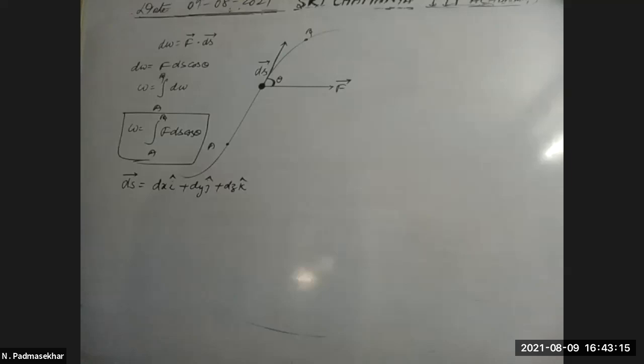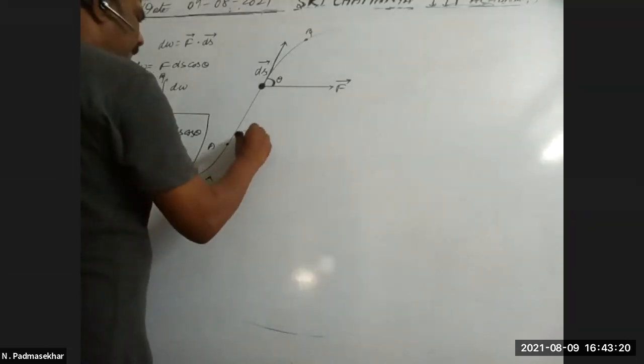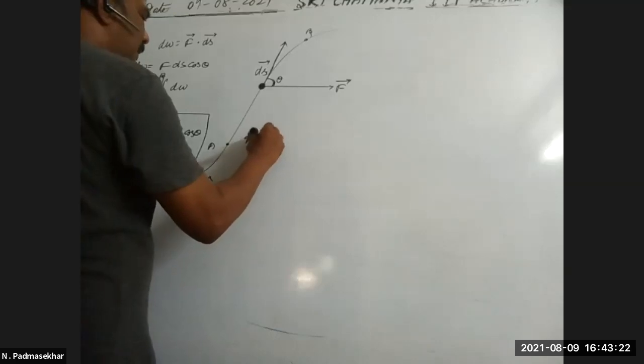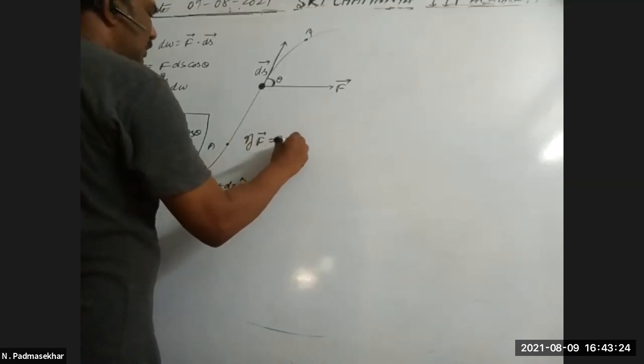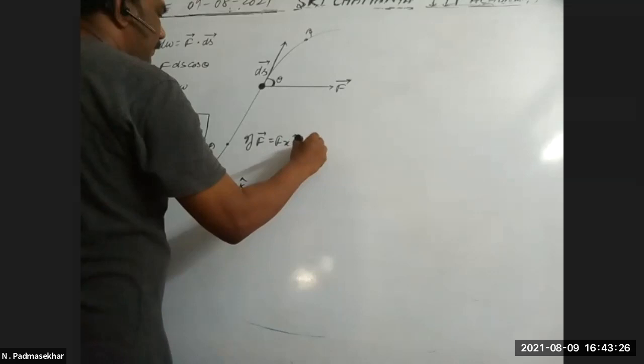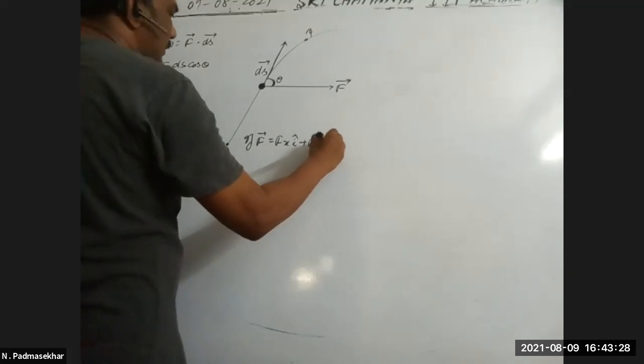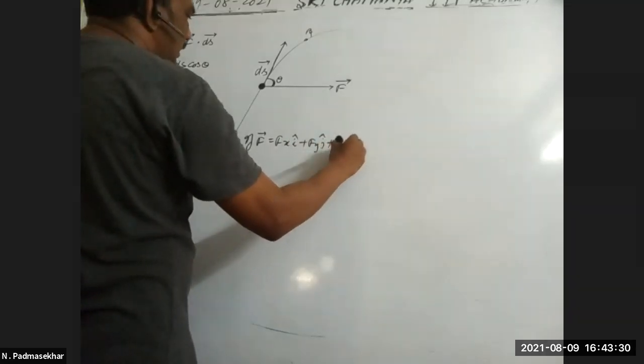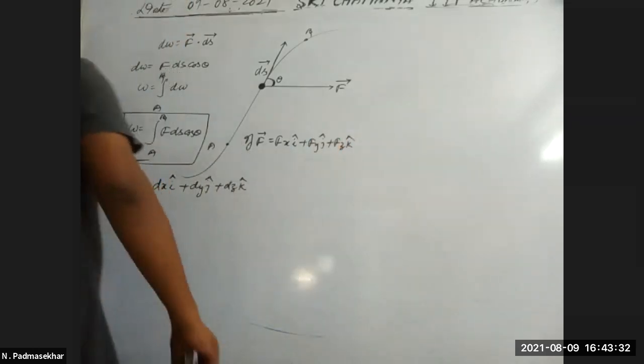That is ds bar. And suppose f bar is equal to fx i cap plus fy j cap plus fz k cap.